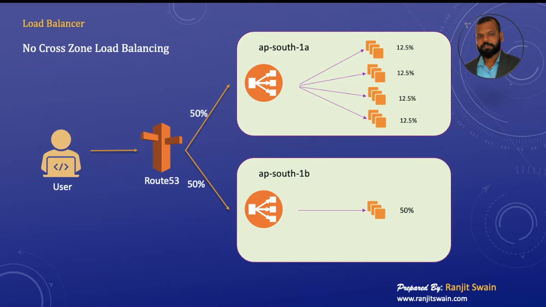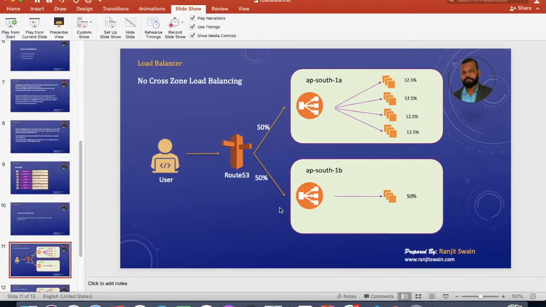Here, first we'll see no cross-zone load balancing and what the problem with that is, and then we'll see cross-zone load balancing. In the case of no cross-zone load balancing, the user is sending the request to Route 53.